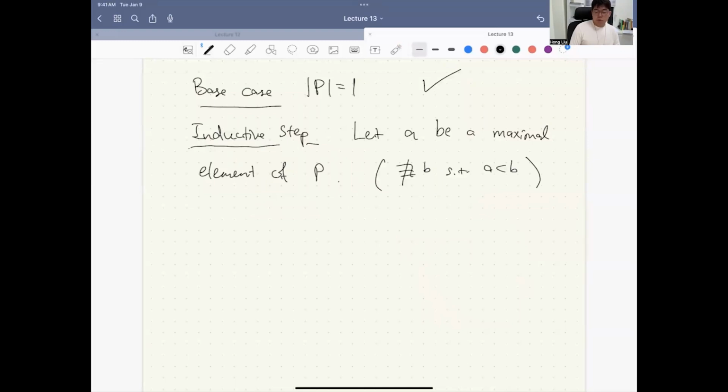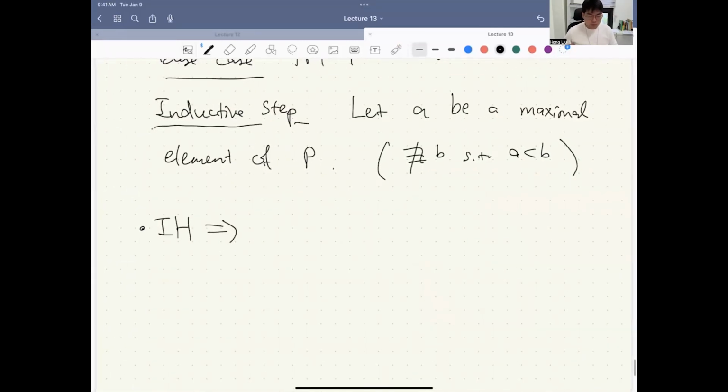So what do we know? By the induction hypothesis, the first thing we're going to use is the induction hypothesis. If you look at this poset P prime, which is P with A removed, we can have some chain decomposition. The minimum chain decomposition of this equals the size of the largest anti-chain.